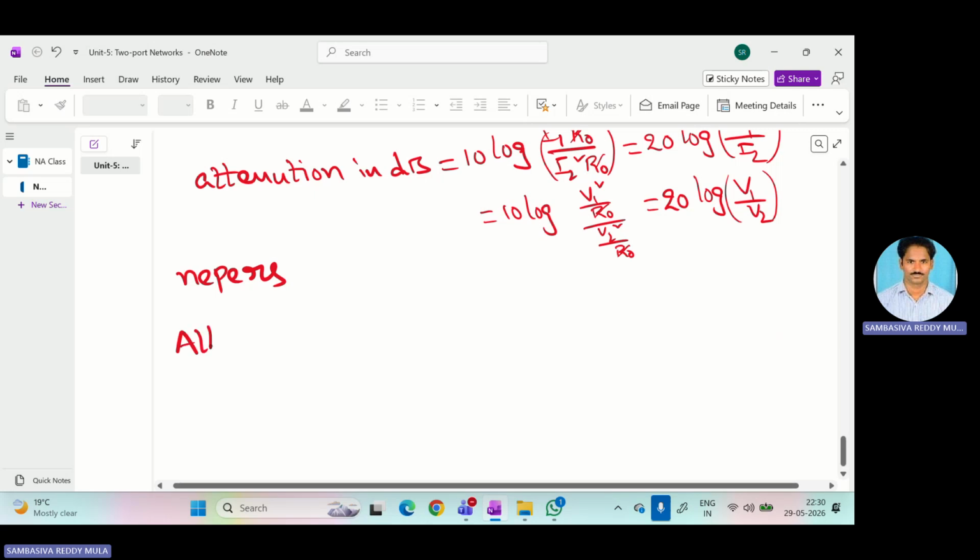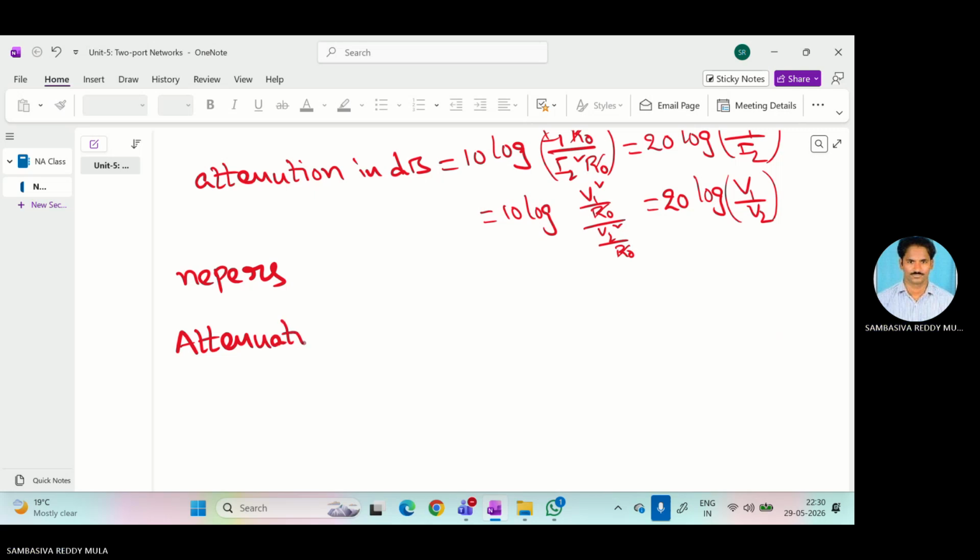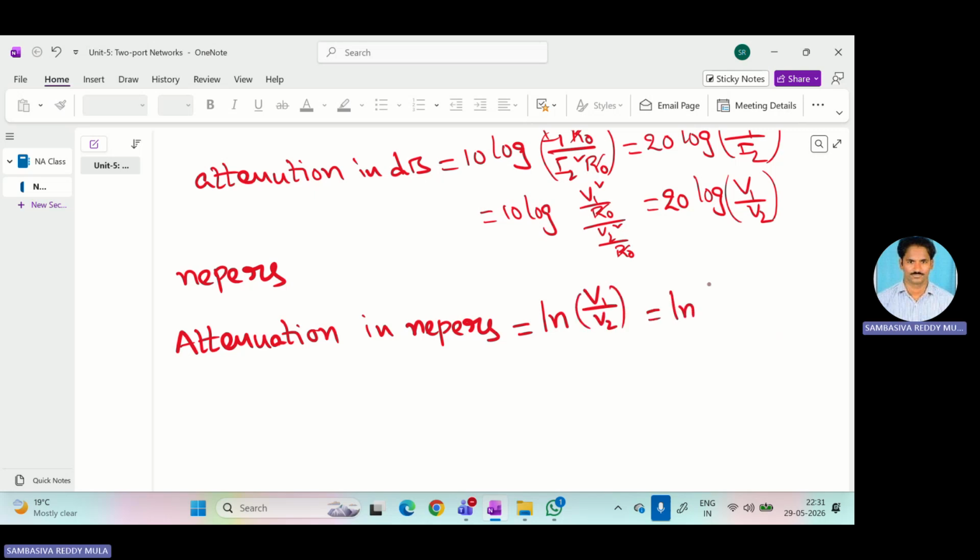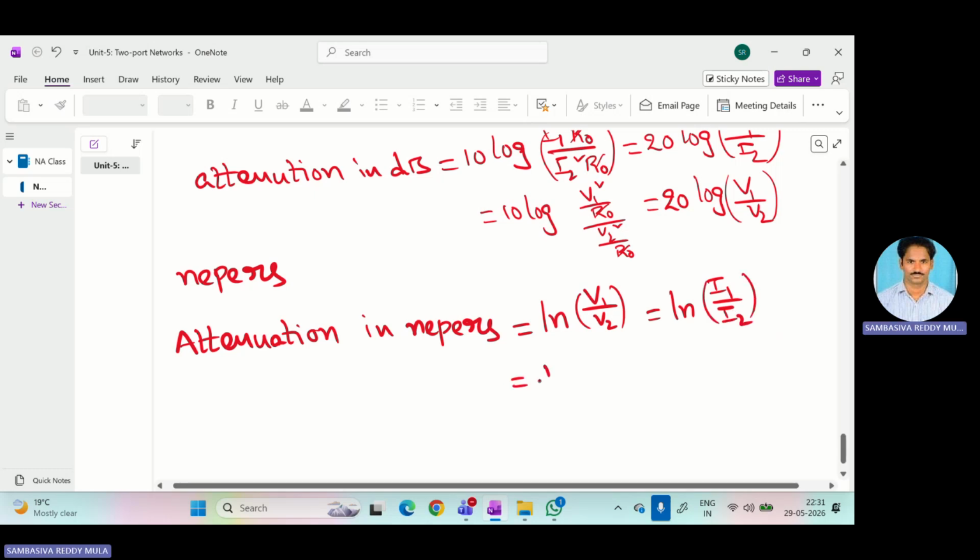So attenuation in Nepers is given by ln of V1 by V2, or ln of I1 by I2, or 1 by 2 ln of P1 by P2.